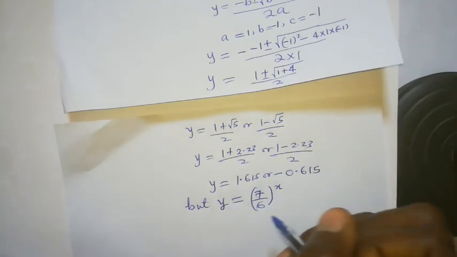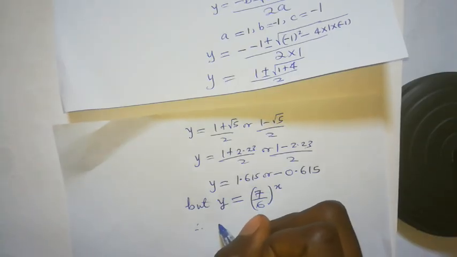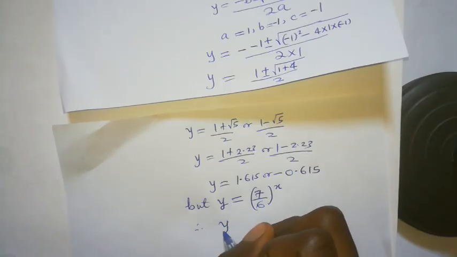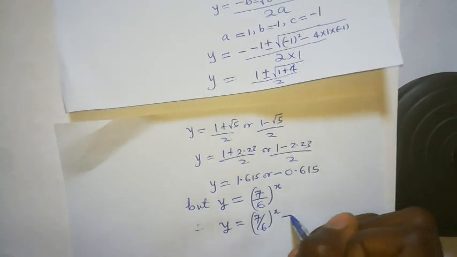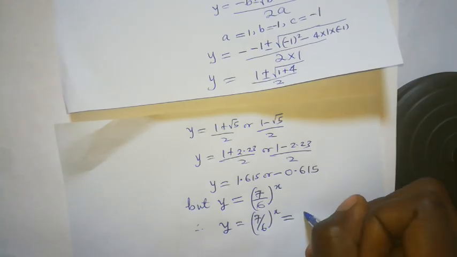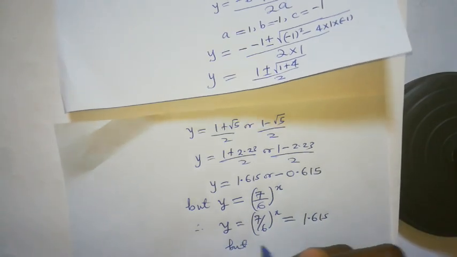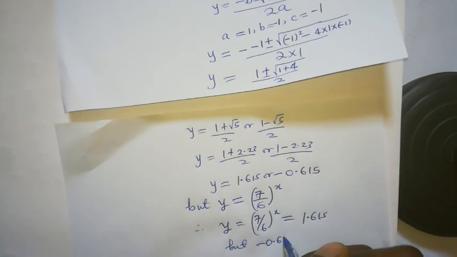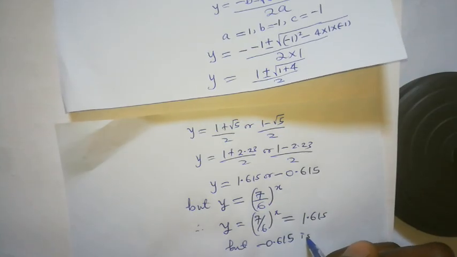Therefore y can be 1.615, but minus 0.615 is rejected.